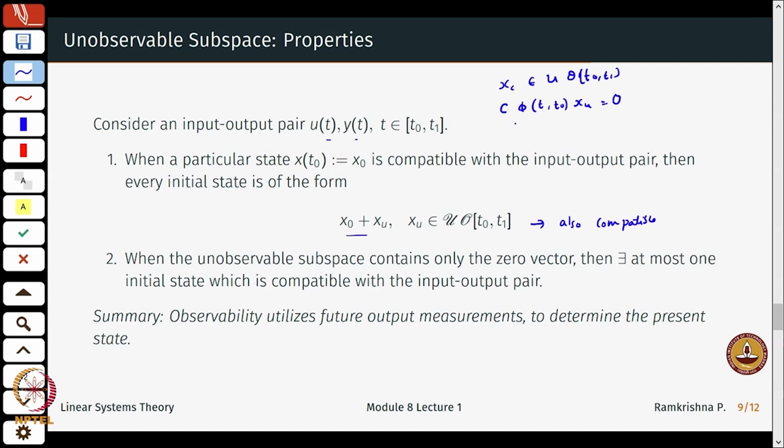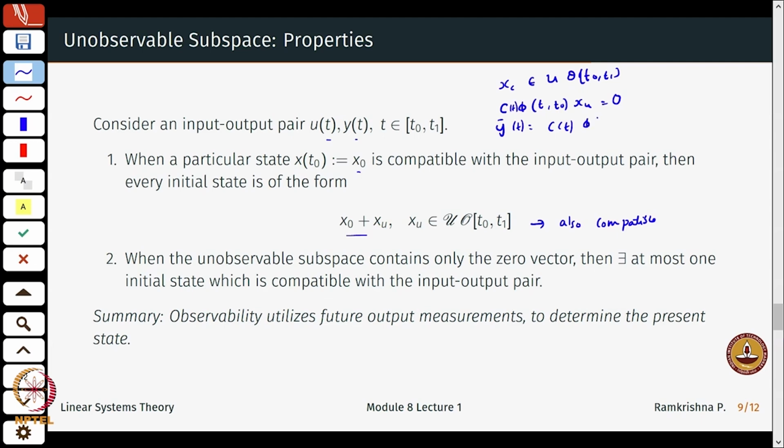And then what about the other input with x naught? There will be some y such that y of t is C of t phi of t, t0 times x naught. This will also be a function of t here.